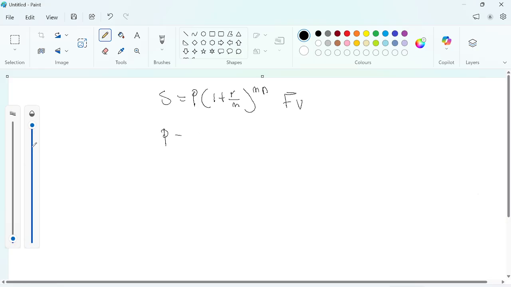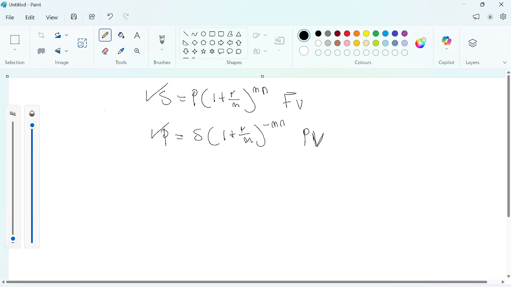Now P equals S into (1 plus R over M) to the power of negative M times N. Which formula is this? The present value. If you are looking for the present value, you use this formula. If you are looking for the future value, you use this formula.